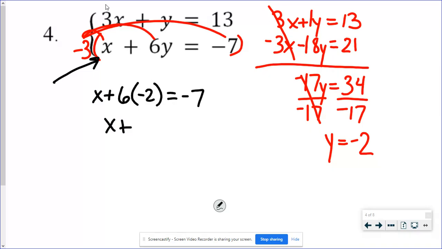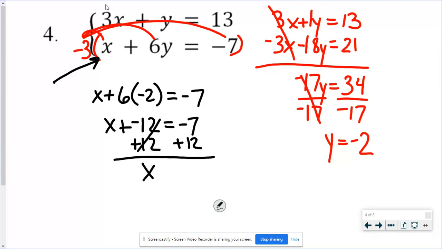So I have x plus negative 12 equals negative 7. And we'll just add the 12. So x is 5. And as you can see, it does not matter if you find the x first or the y first, but you do need to put them in the ordered pair correctly.